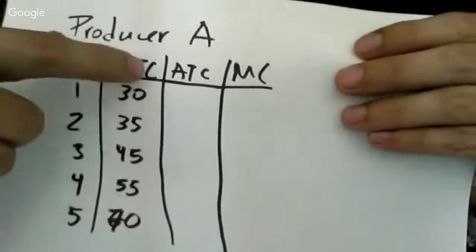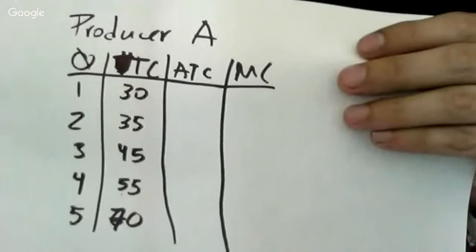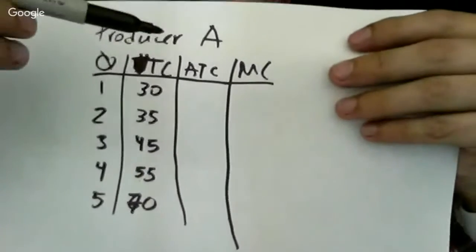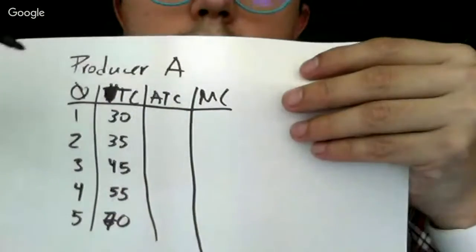So I'm assuming we have this total cost. So first, the average total cost is calculated with the following formula: total cost over quantity. So average total cost equals total cost over quantity. Yeah?